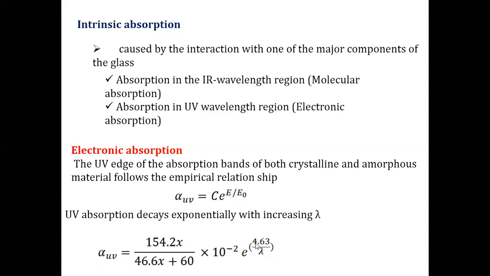Here x represents the mole fraction of germanium oxide, lambda is the operating wavelength, and alpha UV is represented in dB per kilometer.